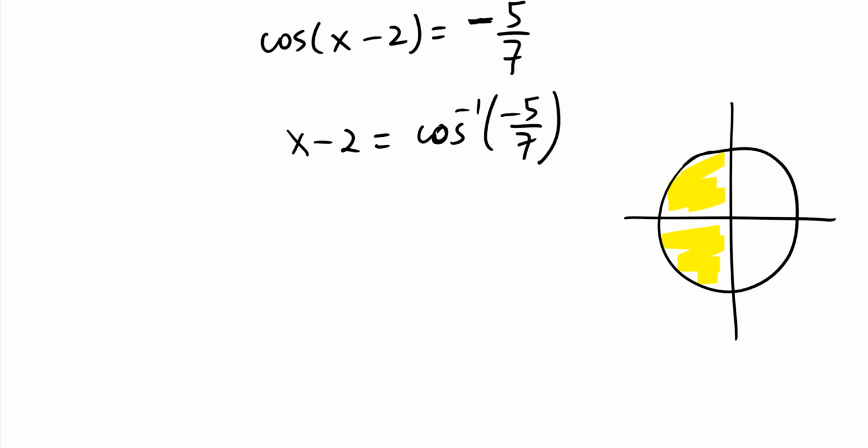That will give us about 135.58, up to 2 decimal places. Before I move further with this, whatever answer you got in the calculator, just keep it as is and multiply it by pi over 180.